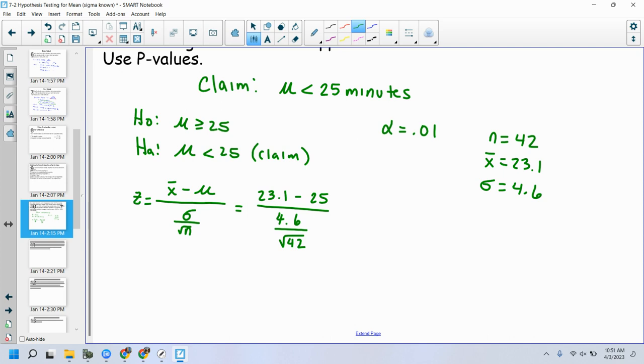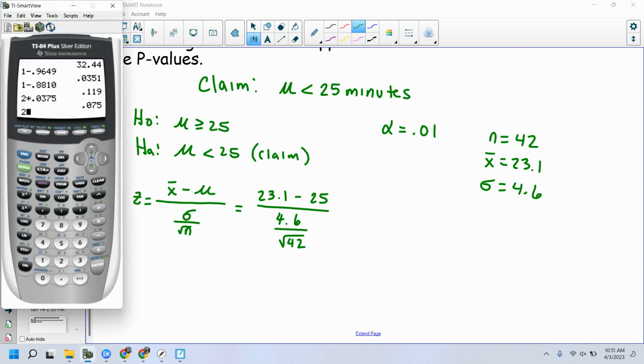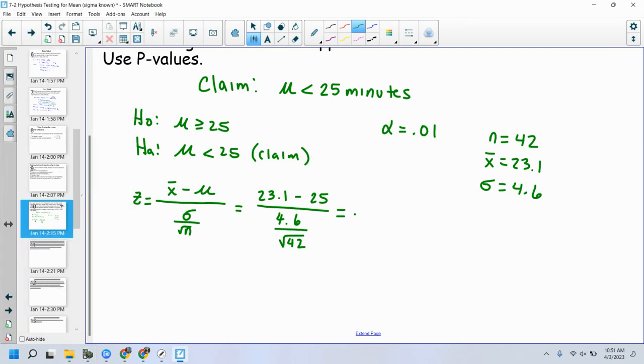So that's why I can use these formulas. 23.1 minus 25, divided by 4.6 divided by radical 42. Negative 2.6, to the nearest hundredth, negative 2.68. So that's my z-score. Let's change that z-score into a p-value.